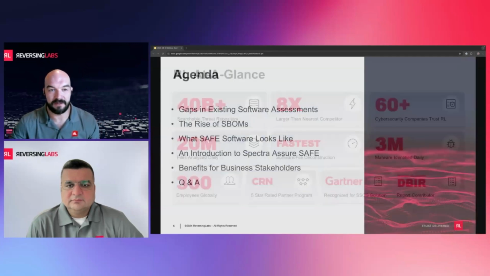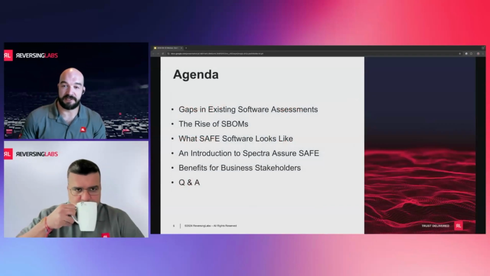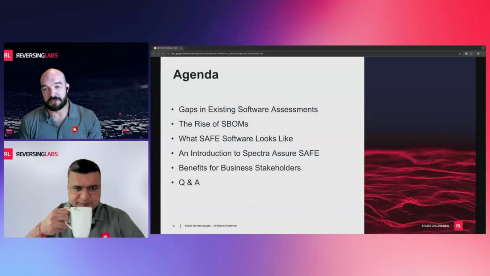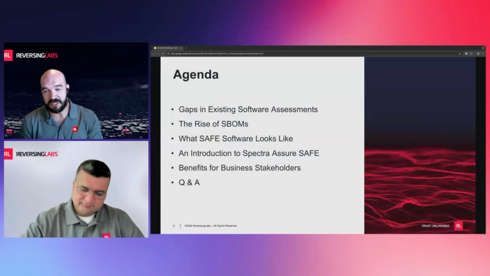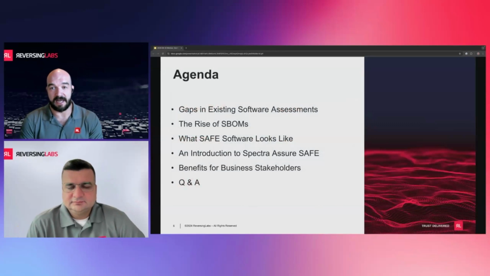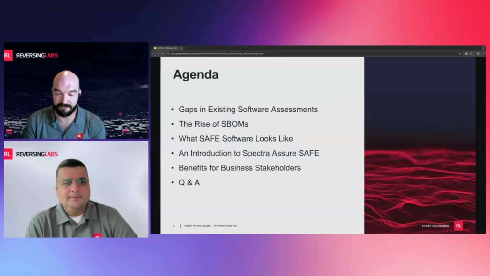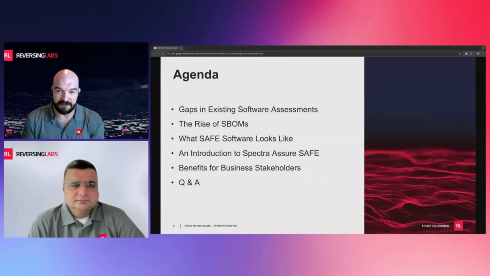All right. So getting into what we're going to be discussing today. Really what this is going to focus on is understanding the current gaps in existing software security assessments, and particularly the rise of software bill of materials as a standard practice in the industry, and how they present a good launch pad for a comprehensive risk assessment program, but not necessarily the end-all be-all as they unfortunately have been positioned to be.